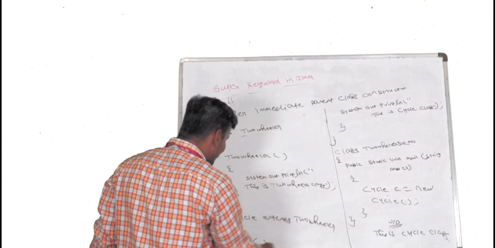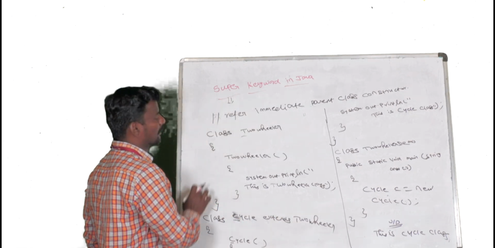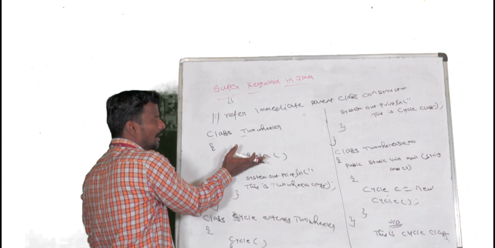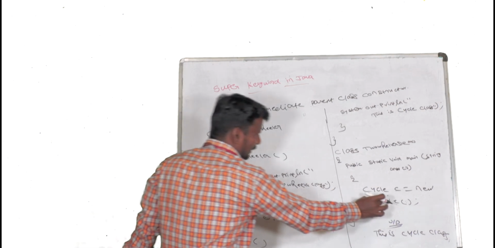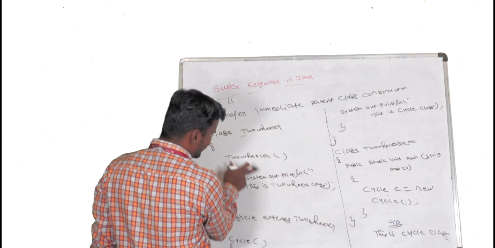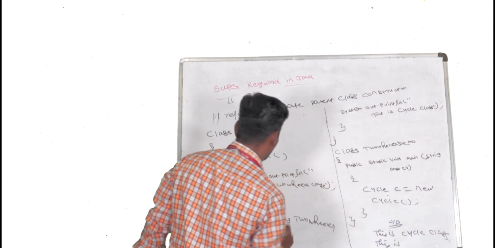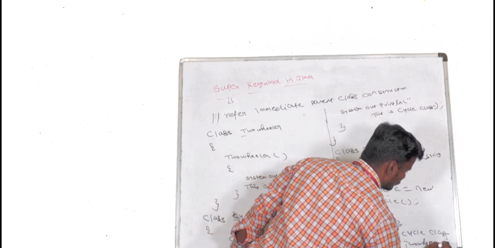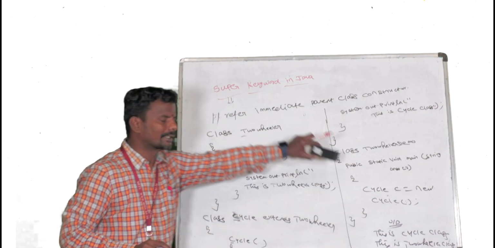Next, the cycle class extends the parent class TwoWheeler, so it will refer to the TwoWheeler class also. In the TwoWheeler class we also defined a no-argument constructor, so that constructor is invoked, and it has a print statement: this is two-wheeler class.